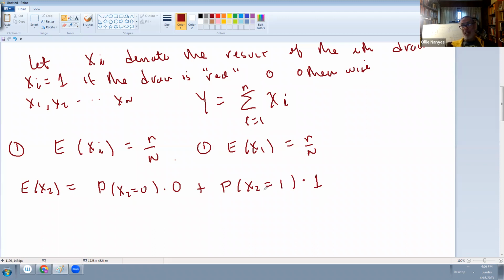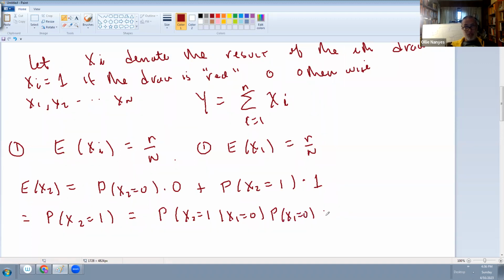And that's what's nice about having these binary variables. This is now just the probability of x2 equaling 1, which can be broken down by a Bayes rule argument: the probability of x2 equaling 1 given that x1 is 0, times the probability of x1 being 0, plus the probability of x2 being 1 given that x1 is 1, times the probability of x1 equaling 1.